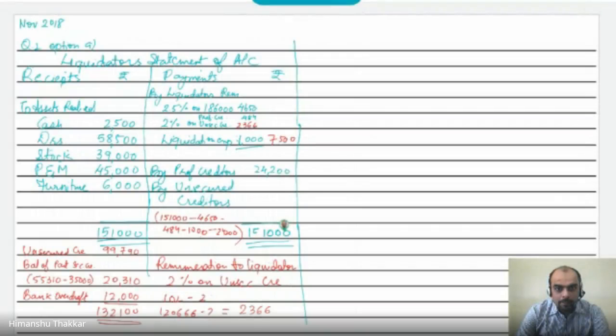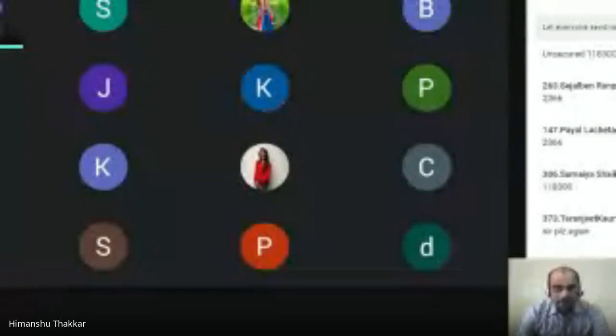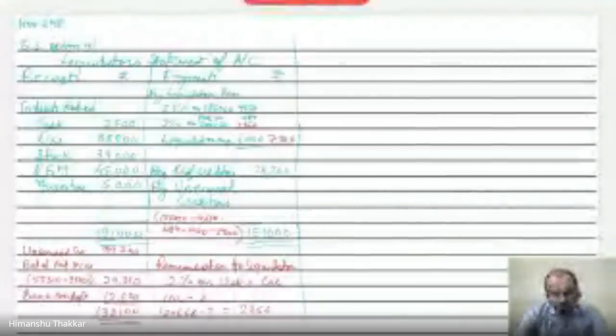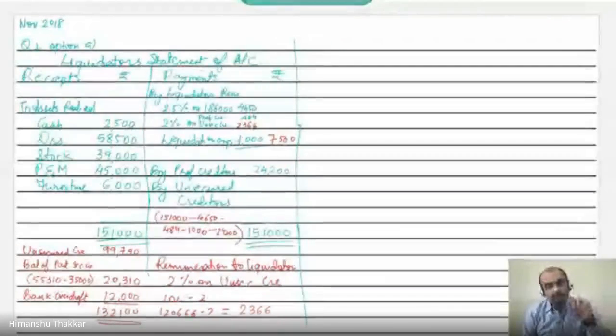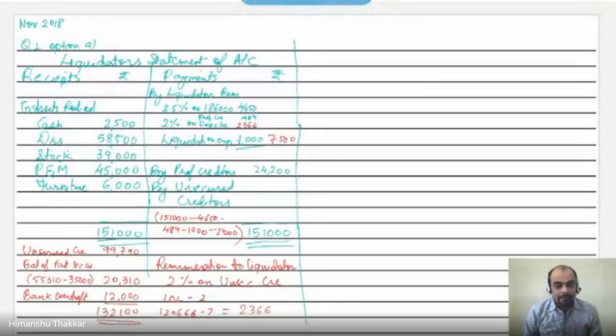The point that I missed, one or two students did mention. See, at the time of doing short sums, I did explain to you many times that whenever they tell you in a point that 1%, 2% is to be paid as remuneration on unsecured creditors, at that time you have to make sure that whenever you pay preferential creditors, you need to calculate the same percentage of remuneration on preferential creditors as well, because preferential creditors are basically unsecured creditors.